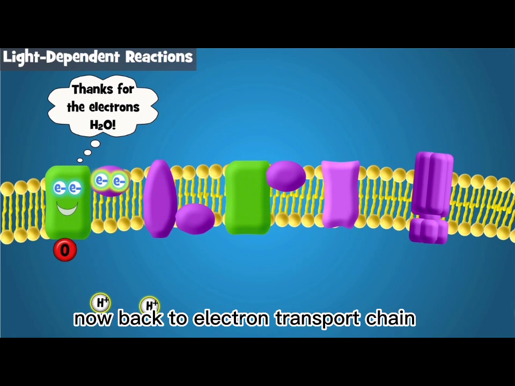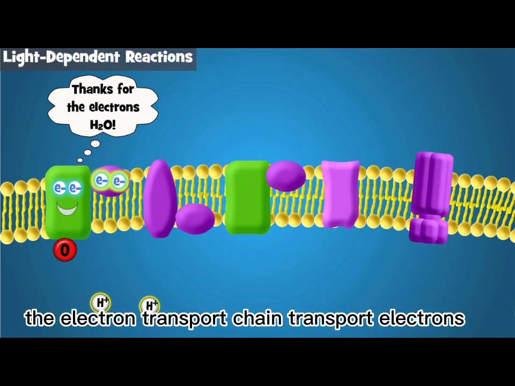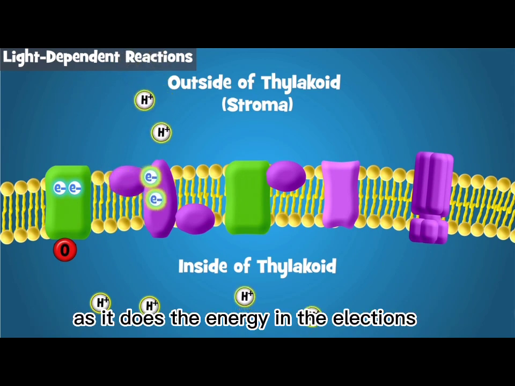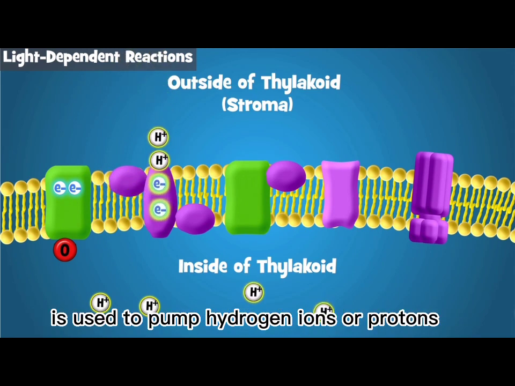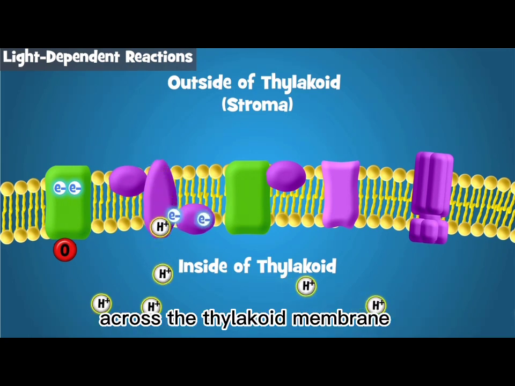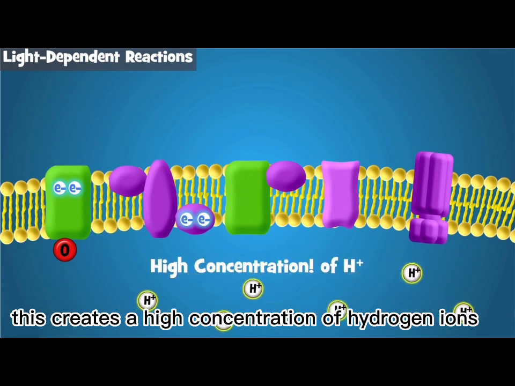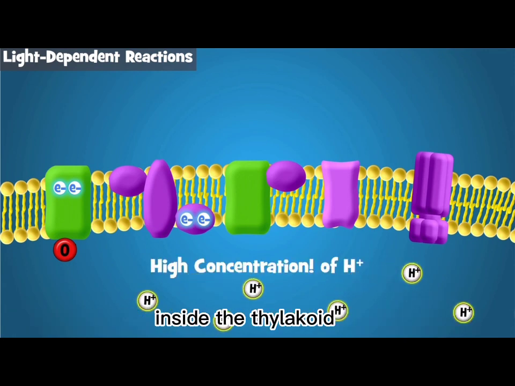Now, back to the electron transport chain. The electron transport chain transports electrons. As it does, the energy in the electrons is used to pump hydrogen ions or protons across the thylakoid membrane into the thylakoid. This creates a high concentration of hydrogen ions inside the thylakoid.